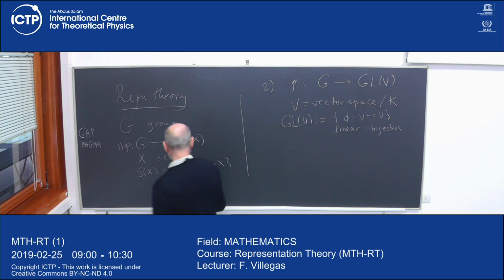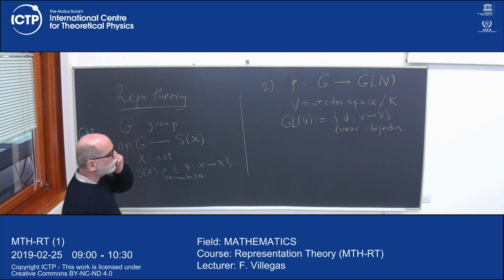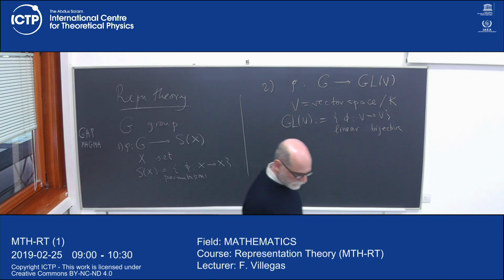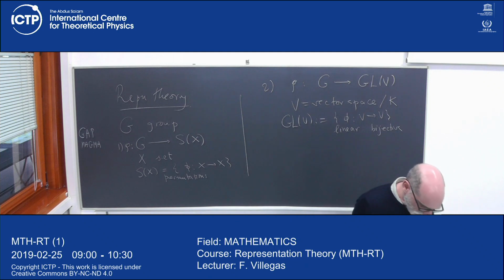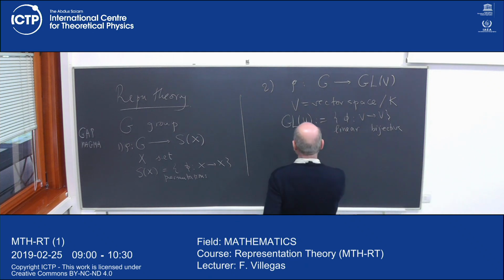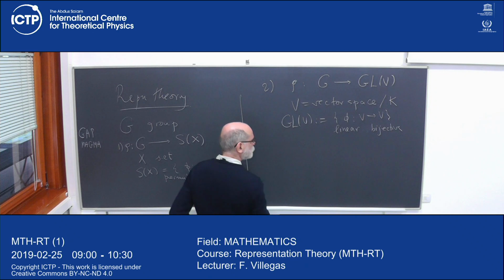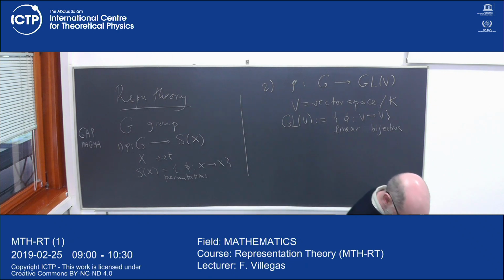Here in the permutation case they're just bijective maps with no structure. Here we want the maps to be linear maps. So if you pick a basis, you will get matrices.